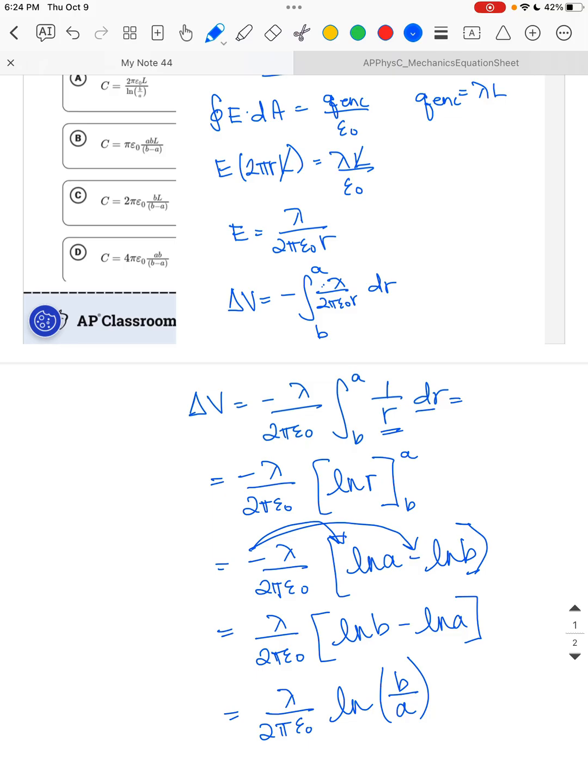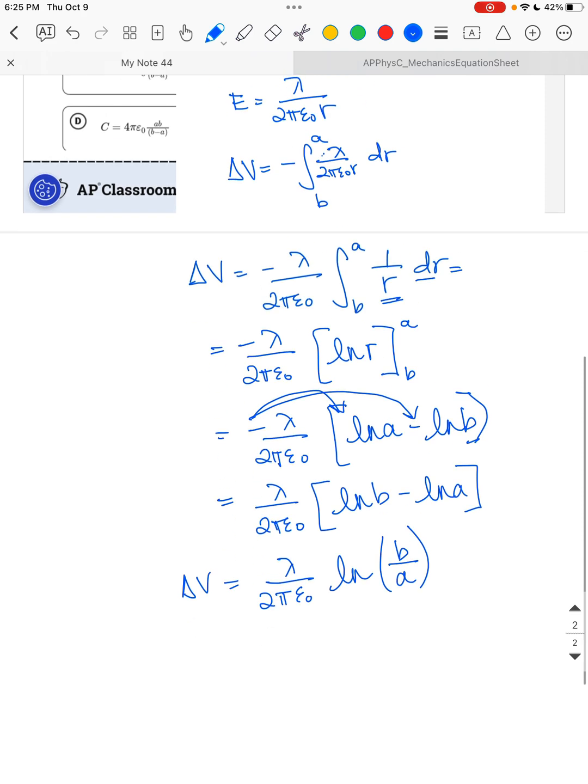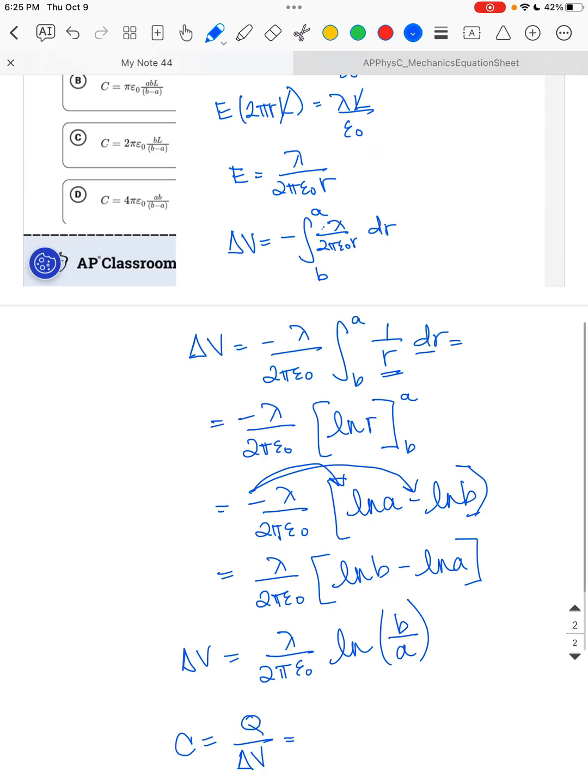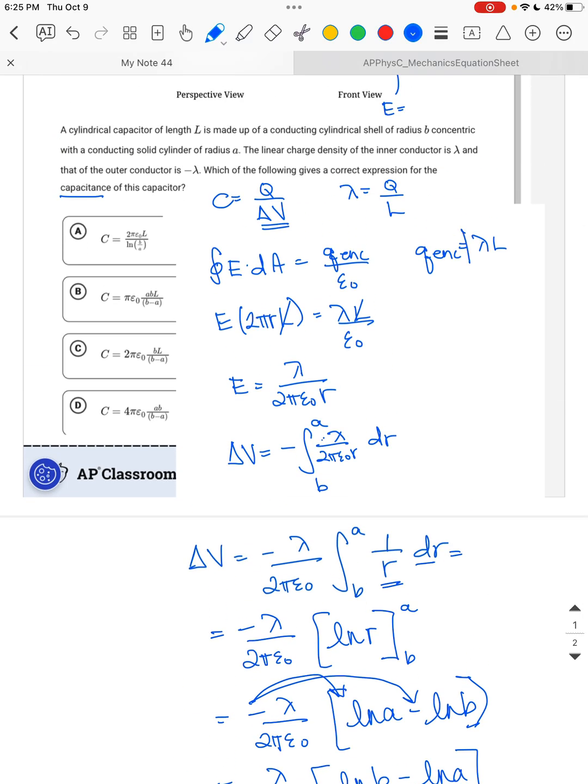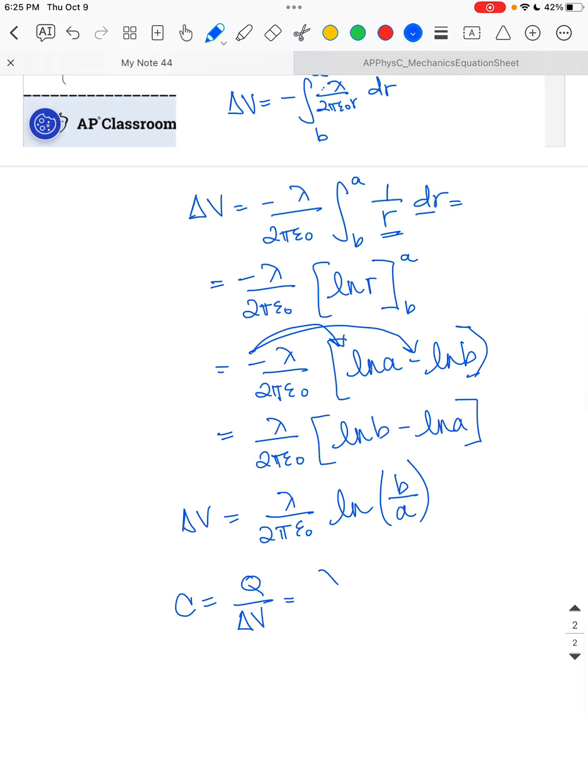Now, we still have to plug this into our capacitor equation. So this is delta V. Our capacitance is charge over delta V. We don't have Q, but we already established up here that Q is equal to lambda L, and therefore I'm going to plug in lambda L over lambda over 2 pi epsilon naught ln B over A. And then I'm going to multiply by the reciprocal.